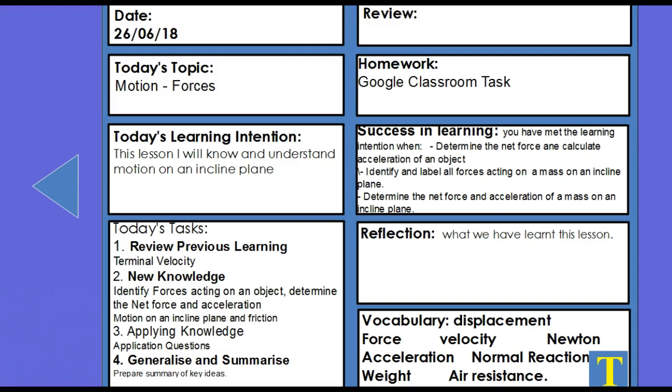Okay? And we're going to examine that as an experiment also on Thursday. And you've got two options for your experiment. You can look at one involving a falling object, okay, and then another looking at an object moving down an inclined plane.